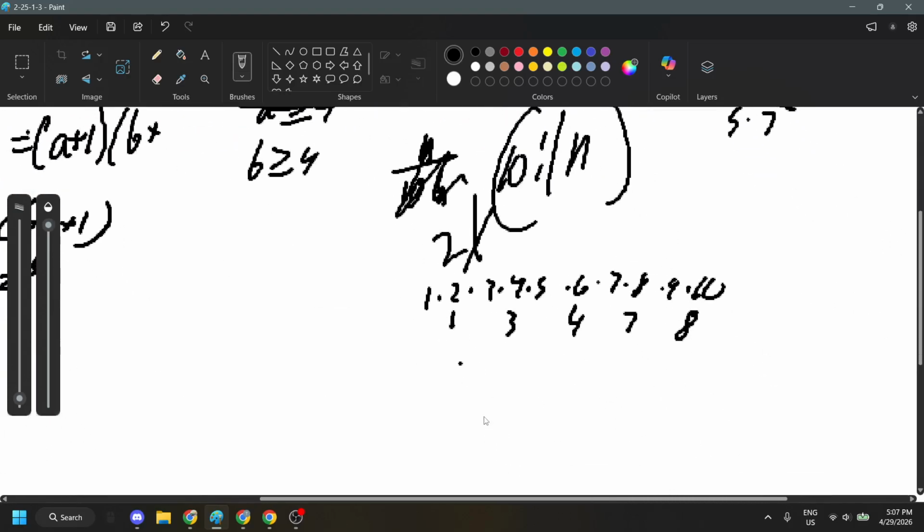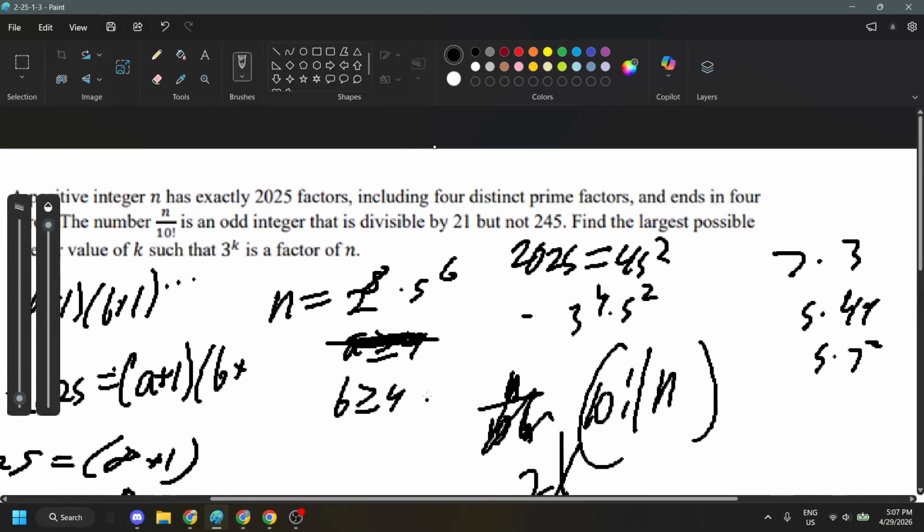So we know it's 7 to the 2 because it's divisible by 21 but not by 7 squared.